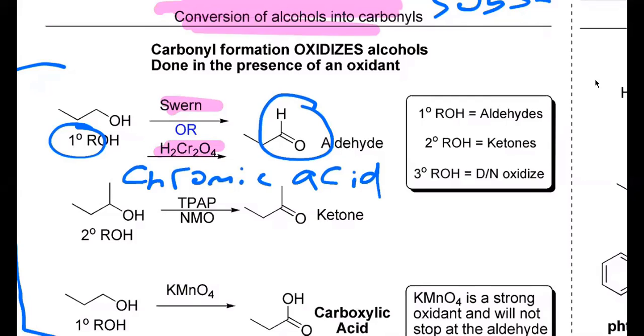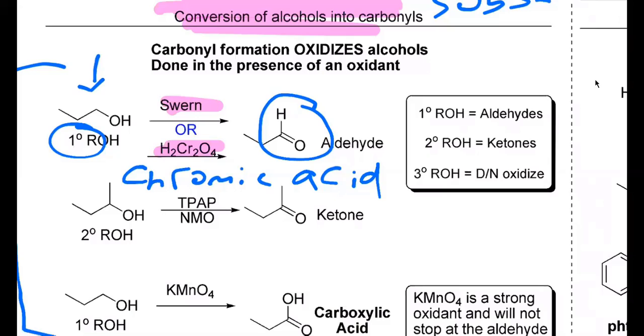Why is this alcohol primary? Why are we calling that a primary alcohol? Yeah, the OH is on a primary carbon, so it's a primary alcohol, right? So if I treat that under Swern conditions or with chromic acid, both of those reactions are specific for primary alcohol. They're able to convert primary alcohols into aldehydes.